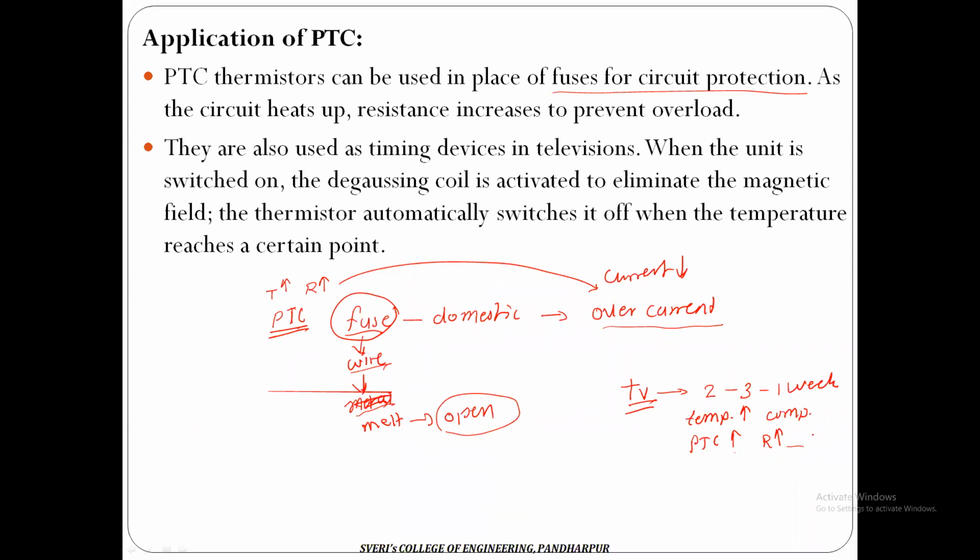It means that the television will be automatically off. With this use of the PTC, if the temperature of the component goes beyond a certain limit, it will sense and it will cut the television power automatically.